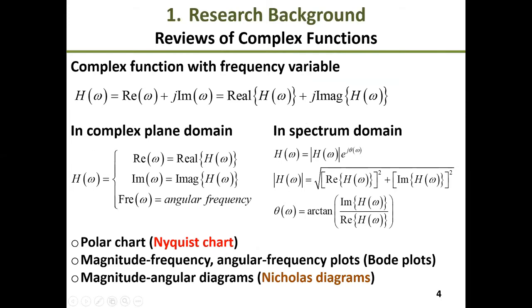So its properties are not changed, and we can investigate the behavior of a network using Bode plots, or we combine the magnitude frequency and the angular frequency plots into one magnitude angular diagram.